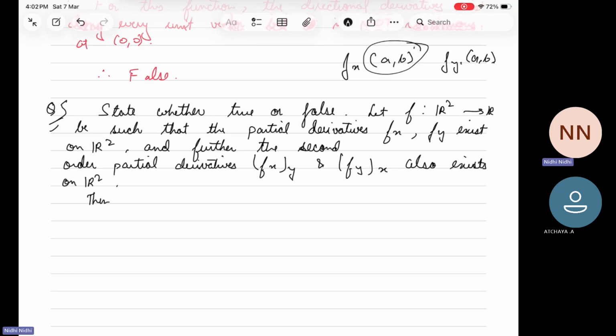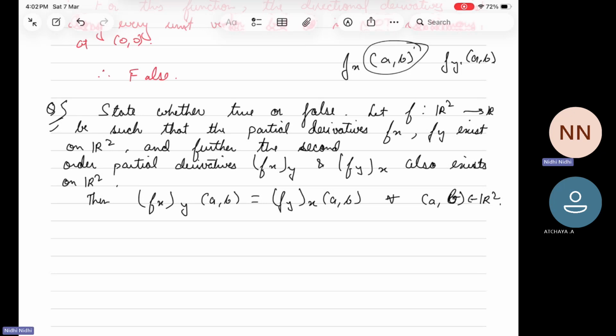Then they're saying that the partial derivative with respect to y of the function fx at (a, b) is equal to fyx at (a, b) for every (a, b) in R2. So that means no matter what order you take, first differentiating with respect to x then y, or first with y then x, it should not affect anything.